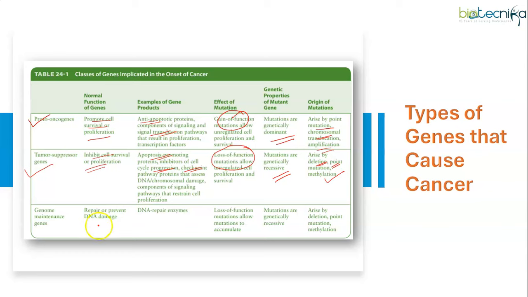The third category of genes are genome maintenance genes, whose normal function is repair or preventing any sort of DNA damage. So basically all the repair enzymes come under the example category of genome maintenance genes. The effect of mutation will also be loss of function mutation, genetically recessive, which may arise by deletion, point mutation or methylation.